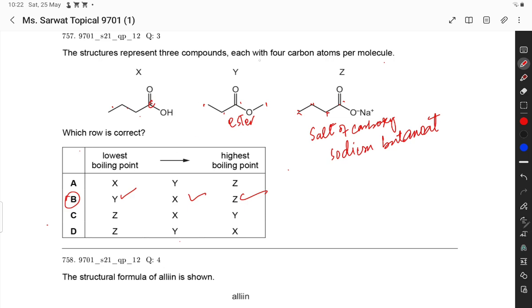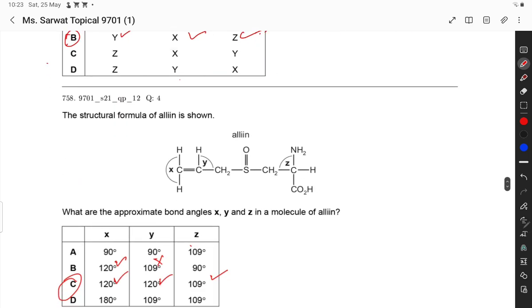So, ester has the lowest boiling point because it is volatile, then X has a higher boiling point due to the presence of hydrogen bonding, and in this case, because this is a salt of carboxylic acid, an ionic salt, ionic compounds have high melting and boiling points. So Z has the highest boiling point, so B option is the correct option.